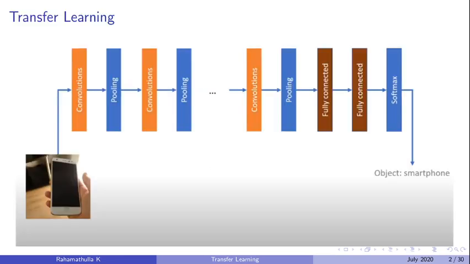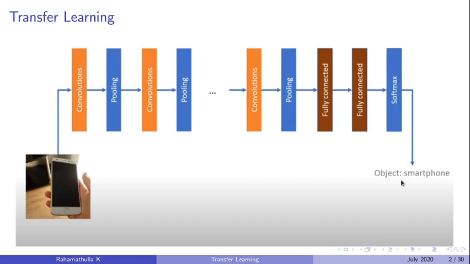The idea is you have a trained model or a trained system which is for detecting something. For example, let's say you have a trained system for detecting objects. You have convolution pooling, etc., and some fully connected layers, then a softmax function at the end.